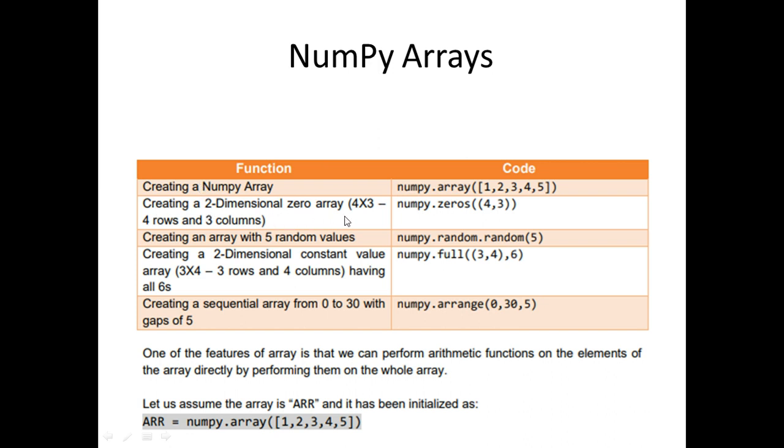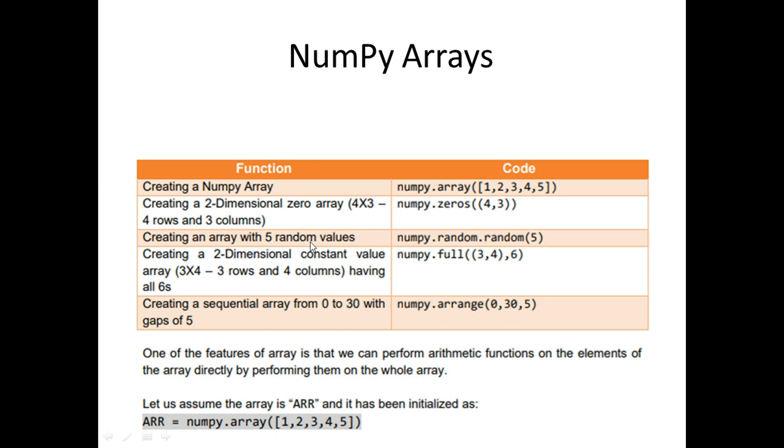That is, every entry in the array, or every entry in the matrix, as I may call it, has to be zero. If I have a two dimensional zero array, let's say 4 cross 3, 4 rows and 3 columns, I use the zeros function in the numpy package. Numpy dot zeros of 4 comma 3, 4 rows, 3 columns.